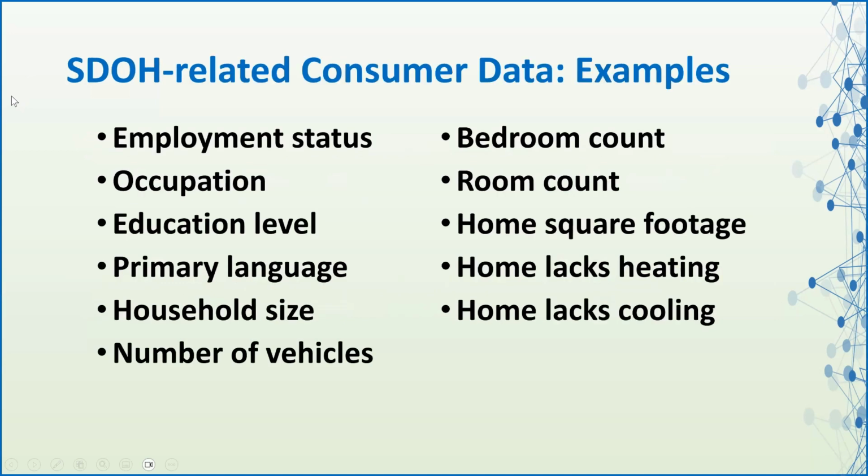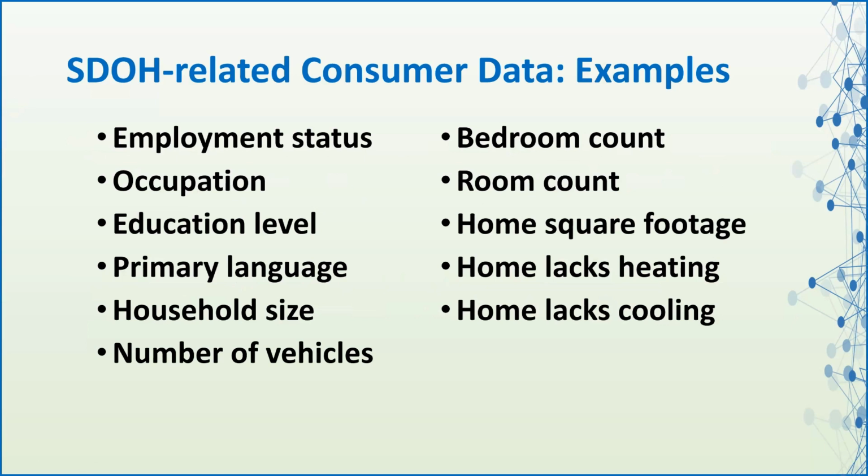And here's a small set of examples of SDOH related data elements that are found in the consumer data. So there's information about employment status, the occupation of the person, as well as the education level.